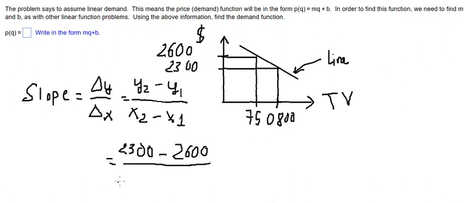So the next one we have 800 minus 750. So we calculate this number in here.